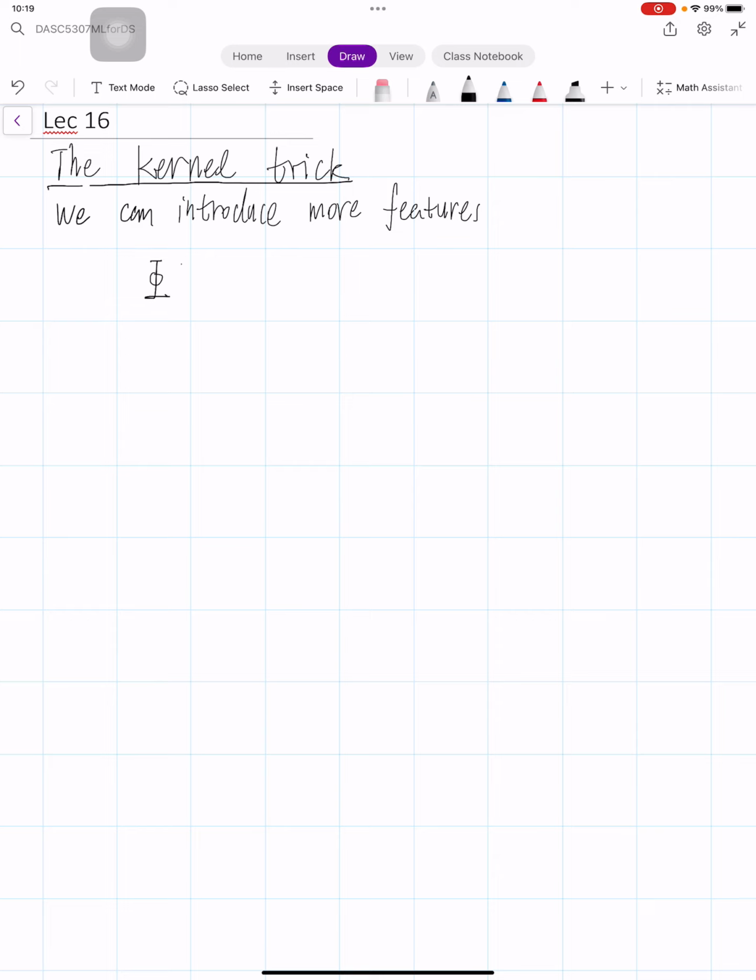For example, we can introduce some phi from the current feature space.